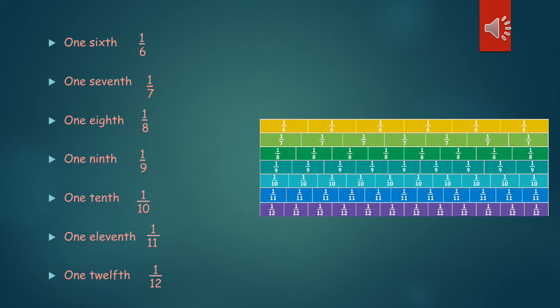And you can clearly see, the bigger the denominator, the smaller the piece. Look at 1/6 at the top and look at 1/12 at the bottom. And 1/12 is much smaller than 1/6.